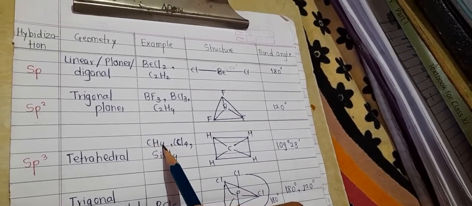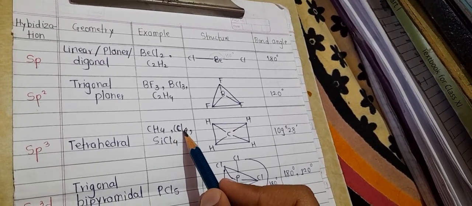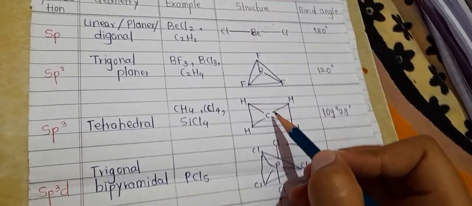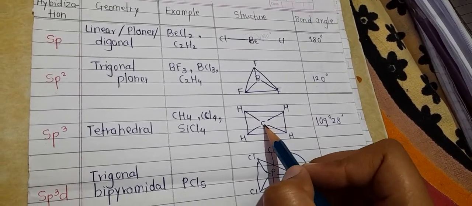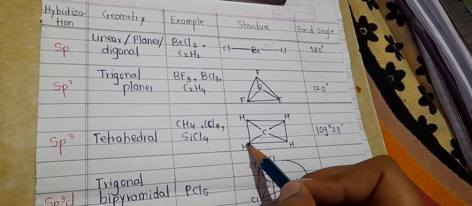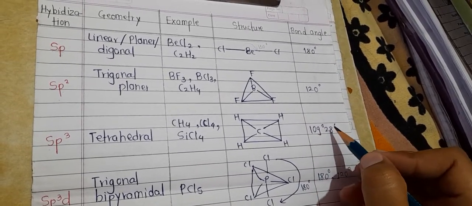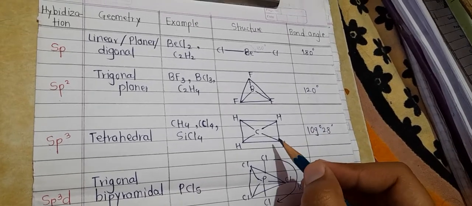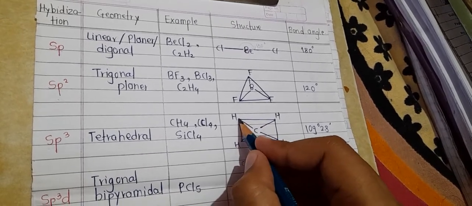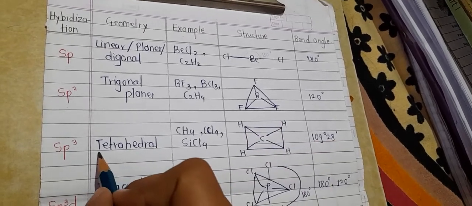Examples: CH4, methane, CCl4, carbon tetrachloride, SiCl4. Structure is carbon is in center and 4 hydrogen are on the 4 corners. Bond angle is 109 degree 28 minute. Tetrahedral, the reason is it has 4 corners. Okay, tetra means 4.